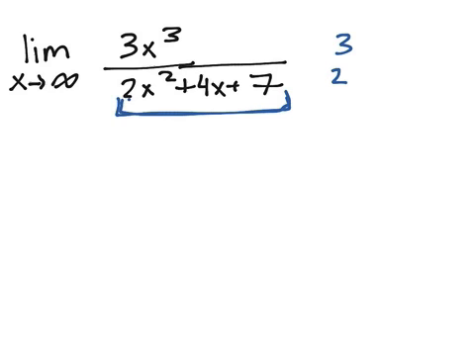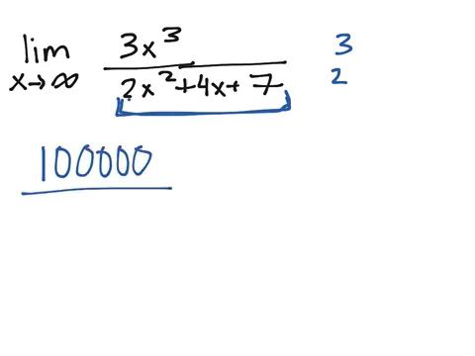So even though we are adding all these terms together, this 3x cubed term is going to grow much faster than the denominator's terms. So that means the numerator is going to be much larger than the denominator. Whenever we have a numerator much larger than the denominator, say this numerator was like 100,000 and the denominator was 1, this is just going to be 100,000, another very large number.